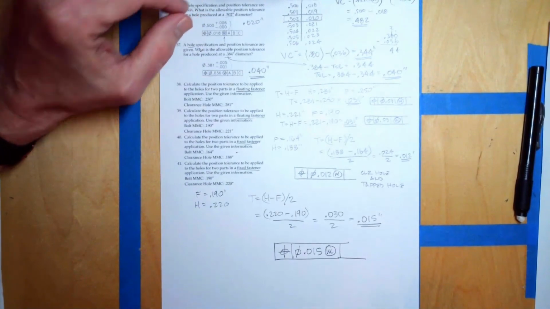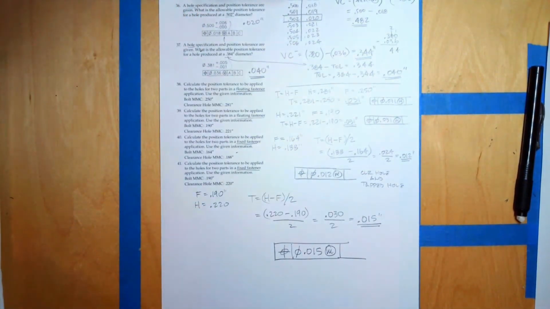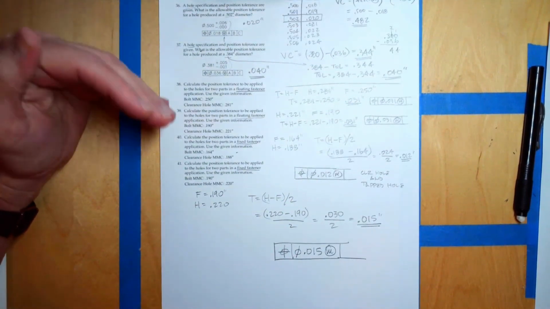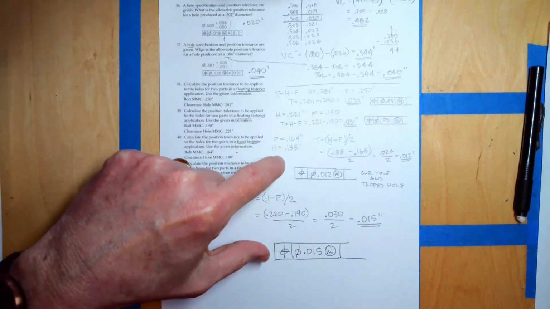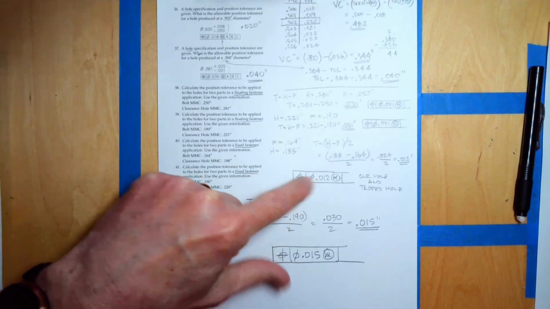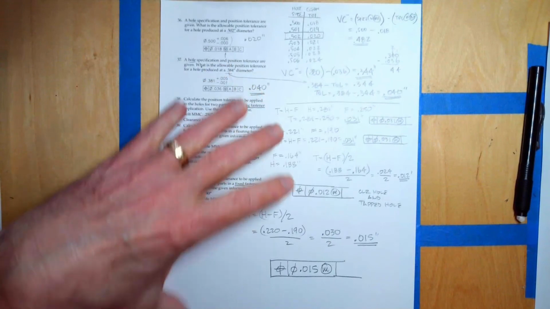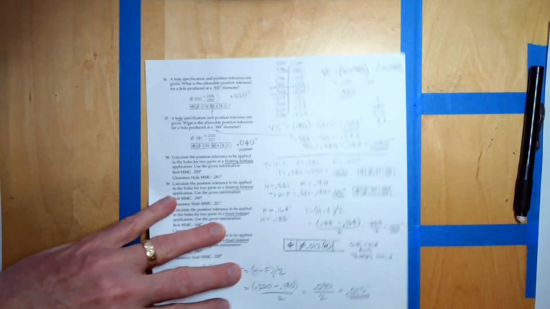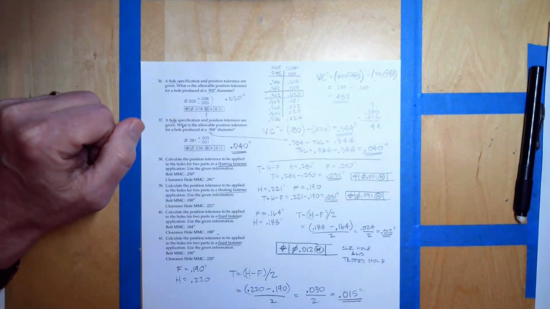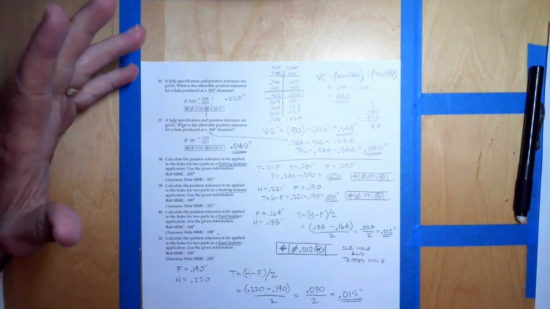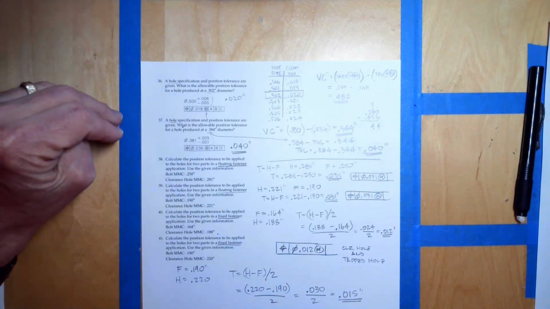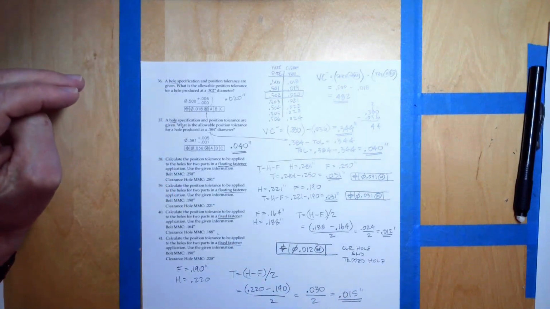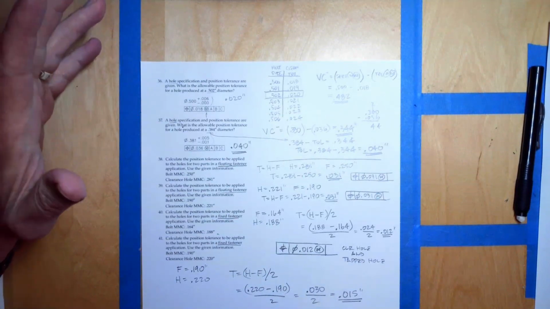Okay, so pretty straightforward. We're calculating, getting some numbers here, both for the positional tolerance value and for the allowable positional error up here. You should be getting comfortable with the terminology here and how it's applied. Size tolerance versus geometric tolerance is a key thing here.